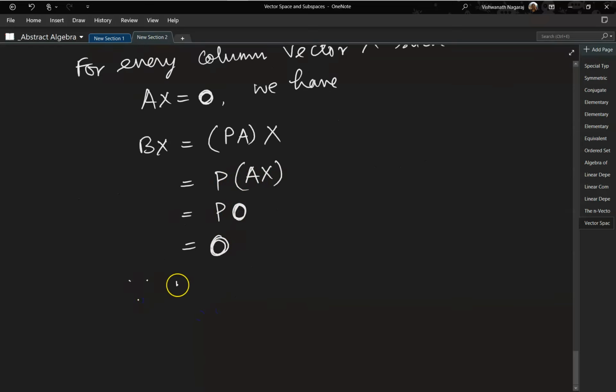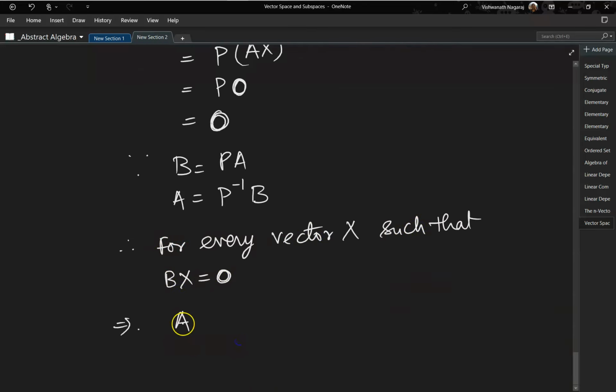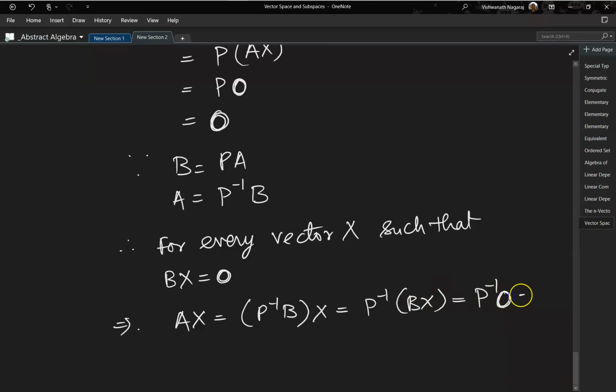Now, since B is equal to PA, A is equal to P inverse of B. So therefore, for every vector x such that Bx is equal to 0, we have Ax is equal to P inverse of Bx, which is equal to P inverse of 0, which is equal to 0.